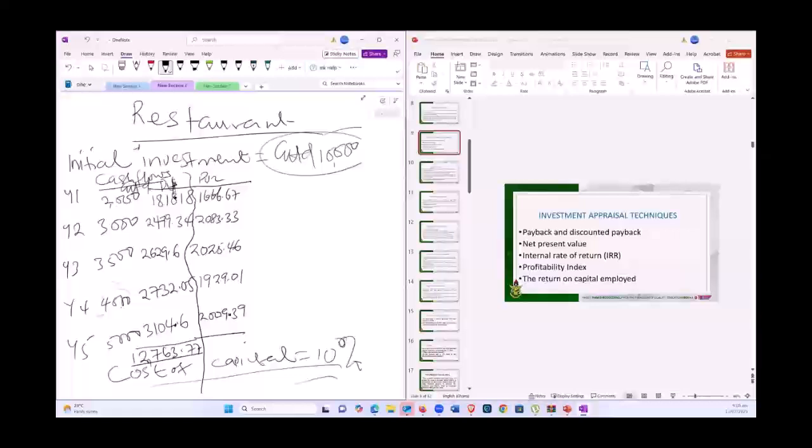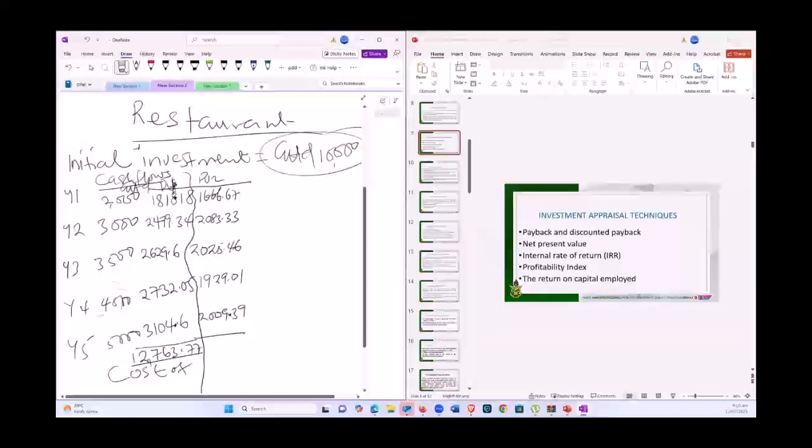So let us now get our total present value. Add them, sum them up to get your total present value.